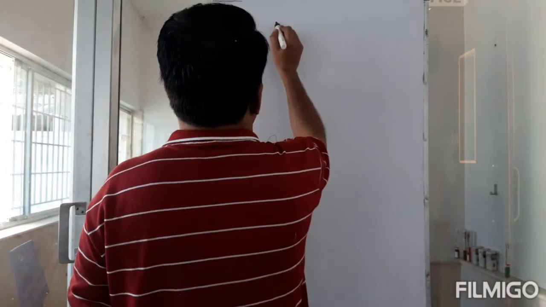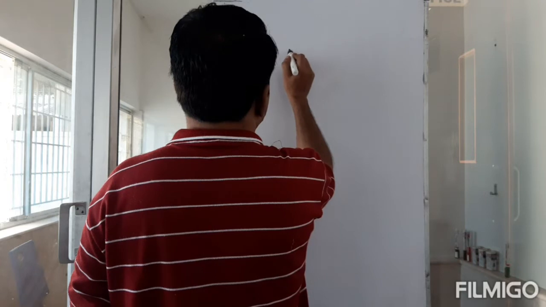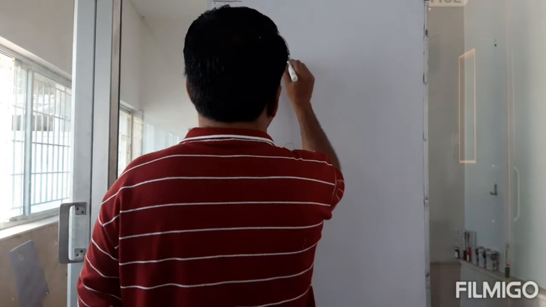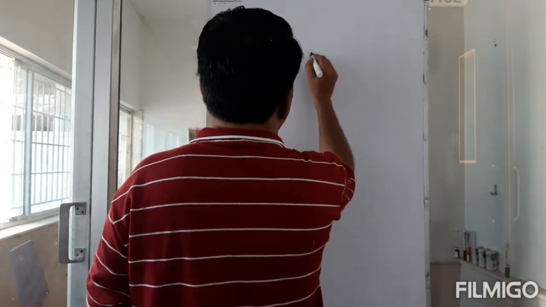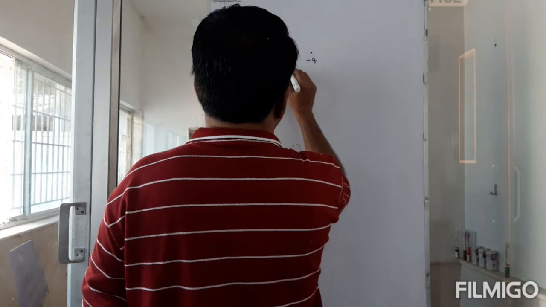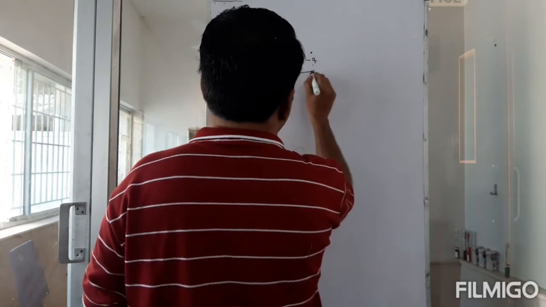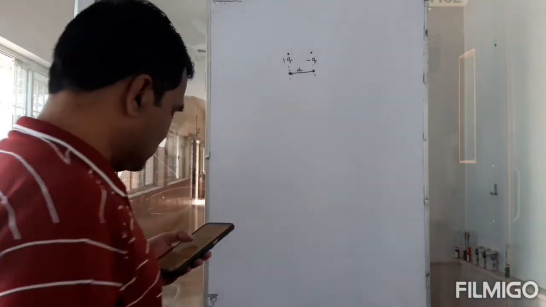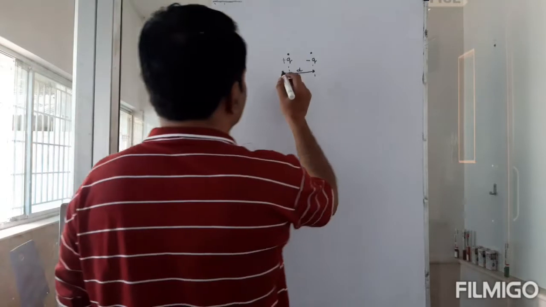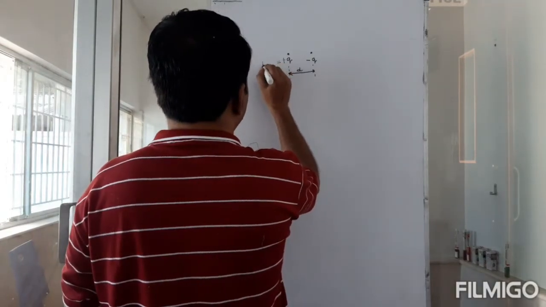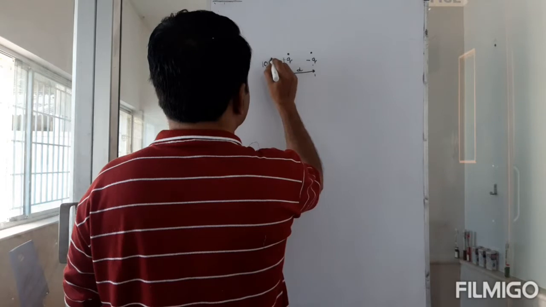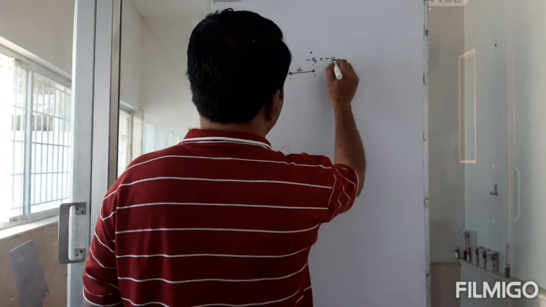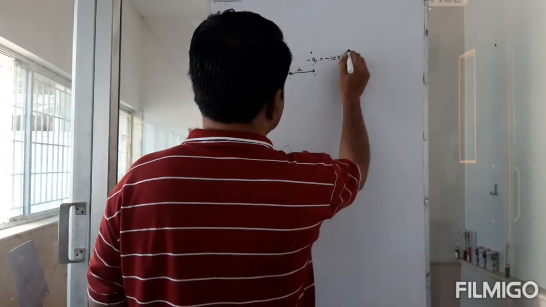Okay, it's like this. You have, let me take a charge. This is plus Q and this is minus Q, and the distance is also given. So what is given? What is the value of Q? The Q value is 10 microcoulomb, 10 into 10 power minus 6 coulomb, and this is minus 10 into 10 power minus 6 coulomb.